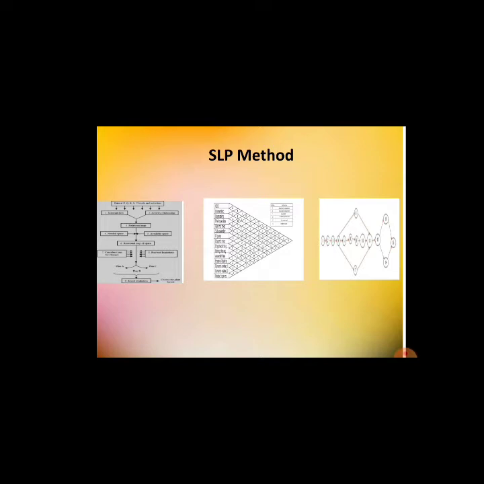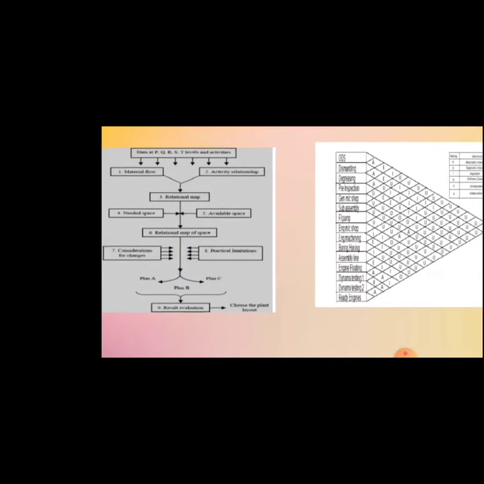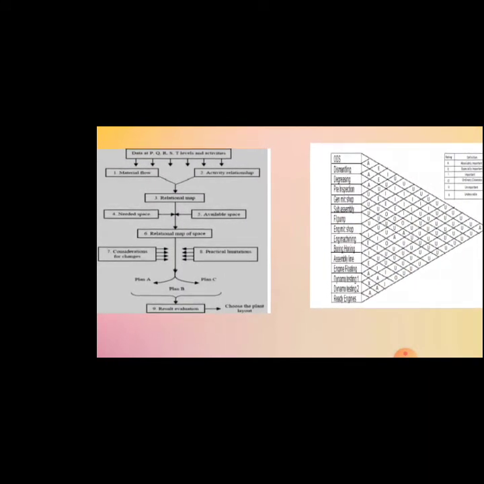So what is the actual procedure for the SLP method? First, data is collected from the different machines or equipment involved in the production. After that, the material flow and the activity relationship are studied. Activity relationship is the relationship between the different equipment, and how important that relationship is.